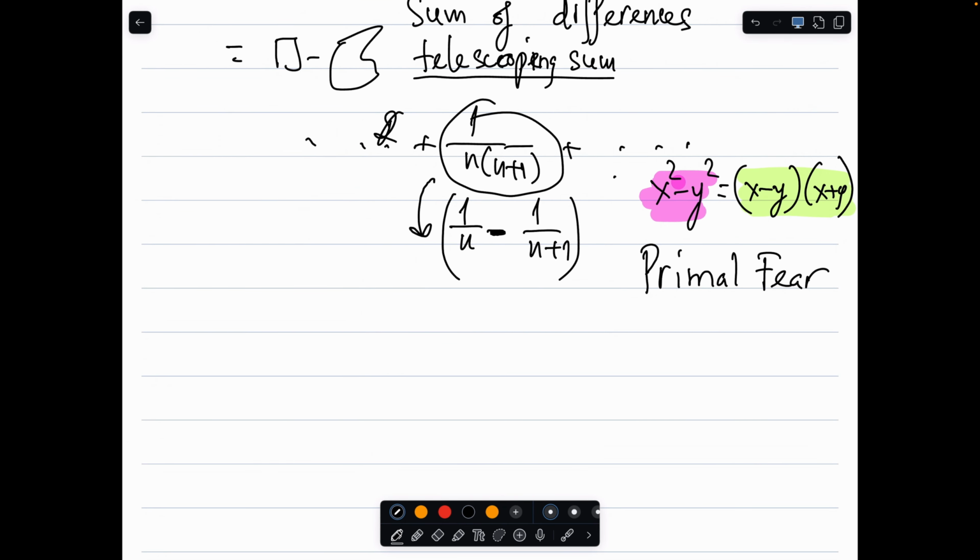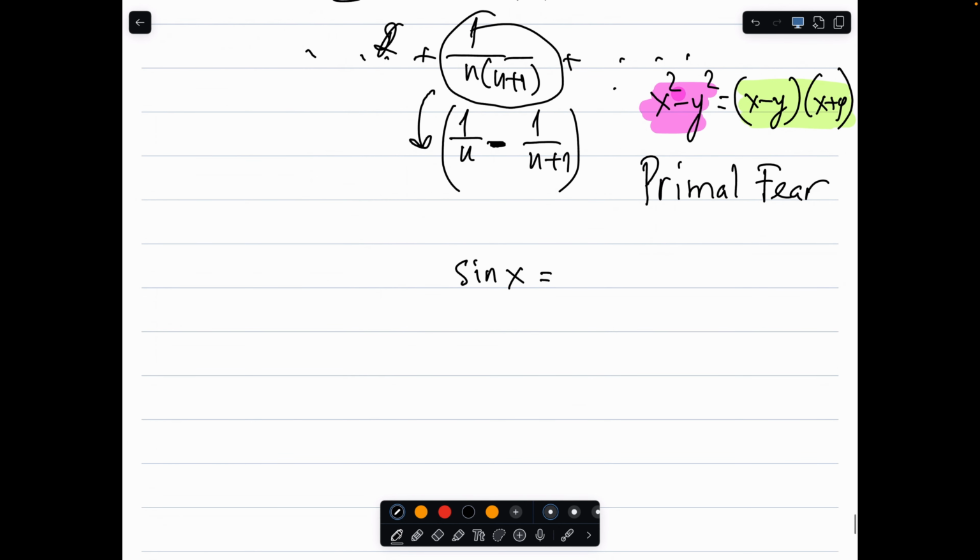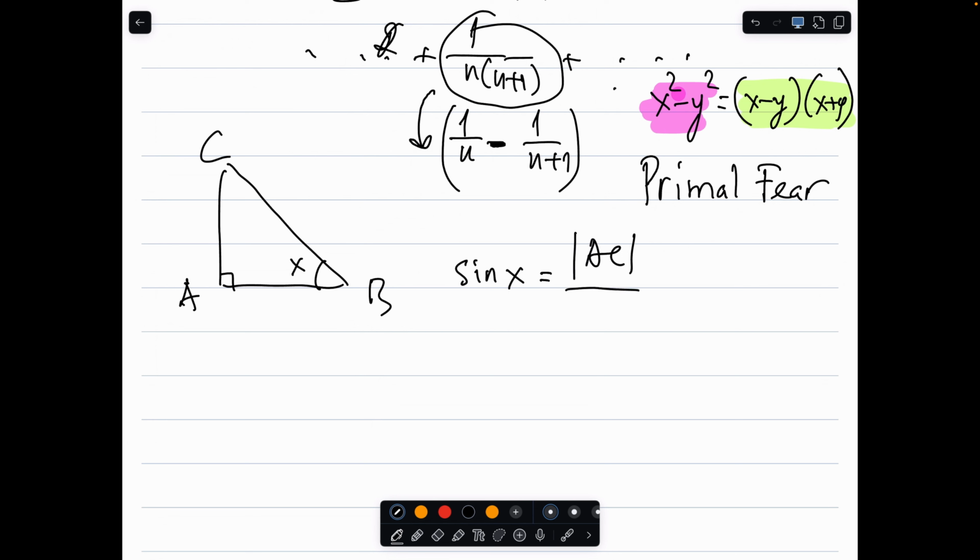So I show you here one example. If you learn trigonometry, you have a right triangle, right? This is A, this is B, this is C, and this angle is S, then the opposite side is AC. This is the length of the side AC divided by BC. We all know this.